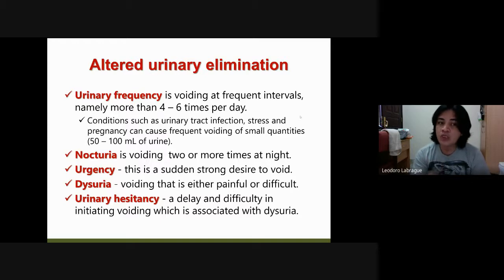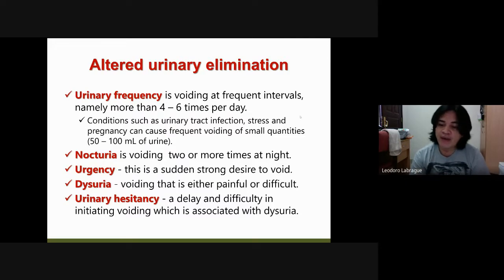Why? Because urinary frequency, in most instances, is related to conditions such as urinary tract infection. What is urinary tract infection? In the urinary tract, the bladder, the kidneys, there might be some microorganisms. It could also be related to stress.